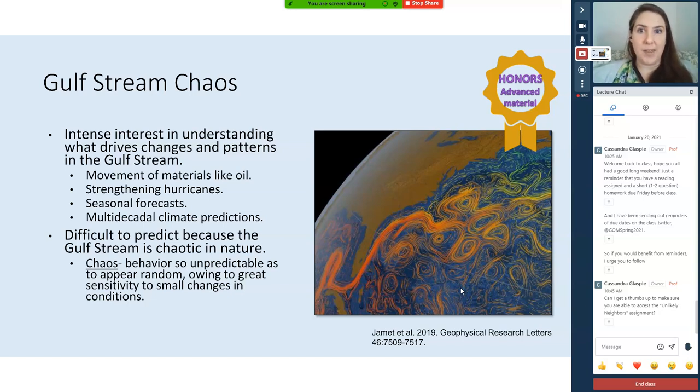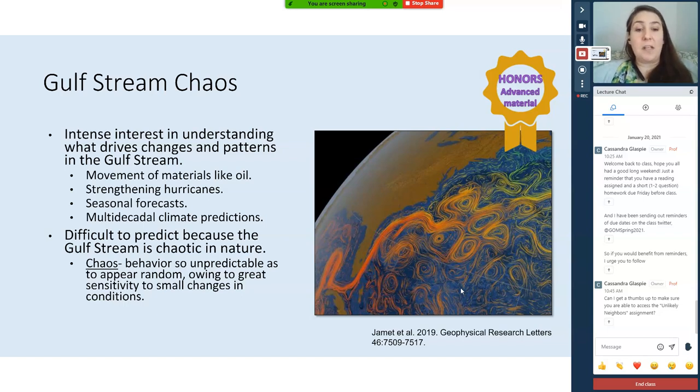We really want to know where that oil goes or where it's going to go. And the Gulf Stream can deliver a lot of materials, like I mentioned before. We want to know what the Gulf Stream is doing because it might help us understand if hurricanes will strengthen, might help us develop seasonal forecasts, or even help us understand climate predictions.